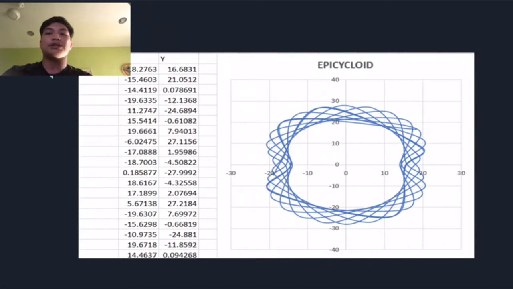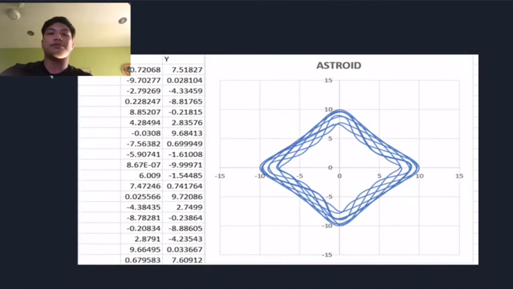After we plot the x and y coordinates, we get these shapes. Also the same for curve 3, which is the asteroid. We plot x and y, and then we get this shape. For the conclusion of the result, I believe that we found different equations give us different shapes of curve to make a new design.